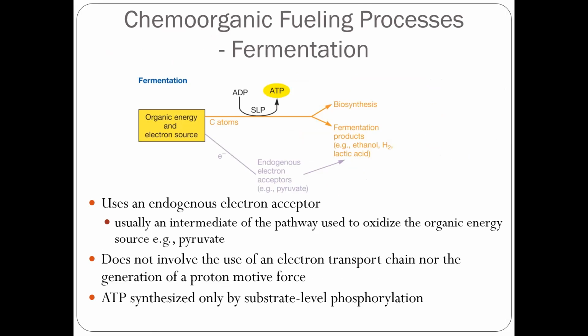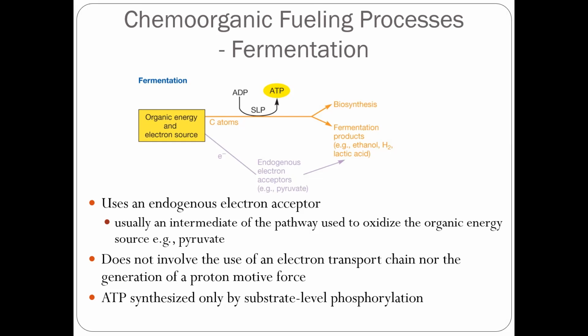Okay, so we're going to talk about using an endogenous electron acceptor. Most of them will have an intermediate chemical, we call it a metabolic precursor, which plays an important role for all the pathways. Which one is more important? It's pyruvate. Where does this pyruvate come from?